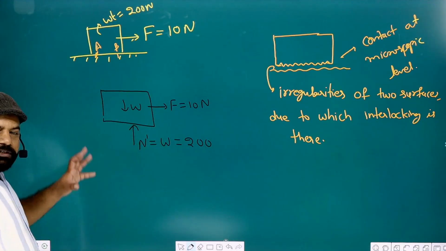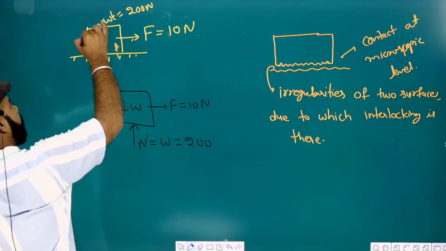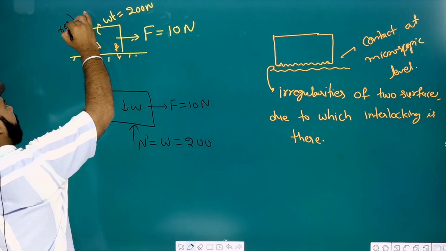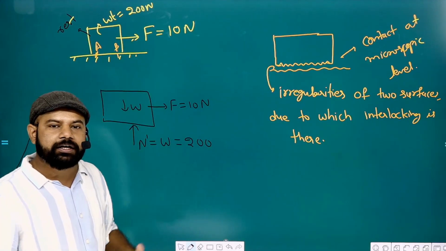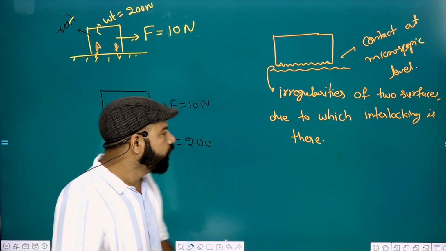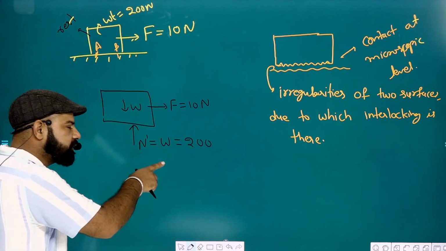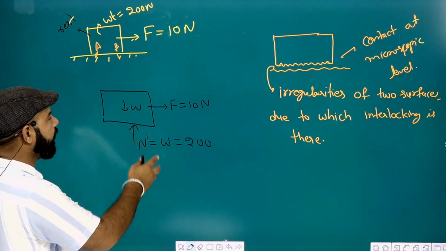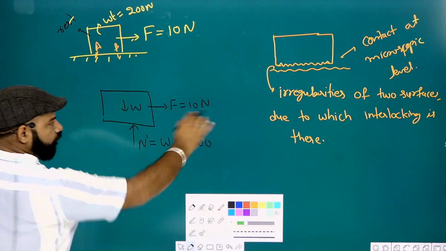Now as we know that this block is at rest, so net force in x direction as well as in y direction should be 0. Here in y direction net force is 0 because this weight is balanced by this normal reaction provided by this surface. Now what about this forward force?